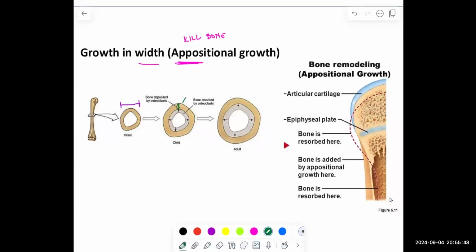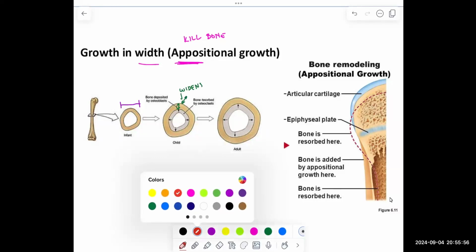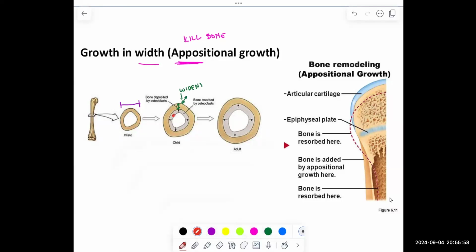And that's what's happening here. It widens a little bit. But you don't need the original bone. So this is killed. This is dissolved. This is lost. So now only this remains as a child.